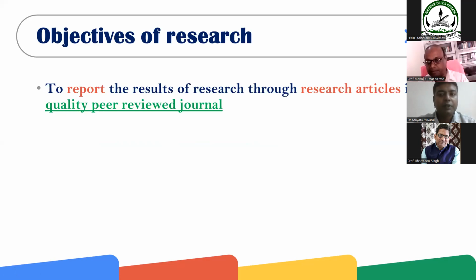But the problem is that there is no concrete definition of which journals are of high quality and which should be considered peer reviewed. Even if some journals have a review board and review the papers, they may not be of high quality. So this is a big problem: where to submit a particular paper.